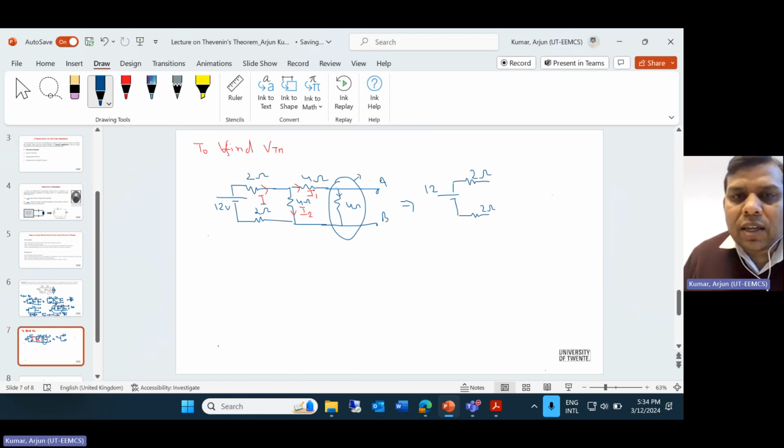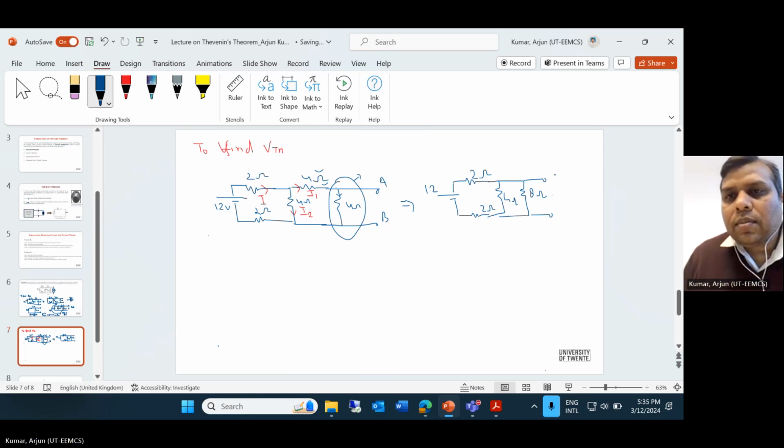So the whole I1 current is the same in this resistance and this resistance. All right. So it means the current is the same. Then this 4 ohm and this 4 ohm will be in series. Okay, so we can write this whole circuit like this. So in series, it becomes 8. So this is 4 and this becomes the 8 ohm. All right, so this is the terminal A and B.